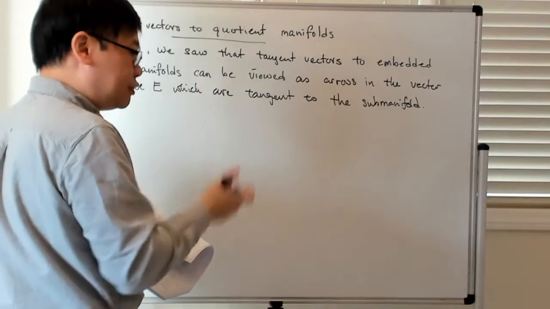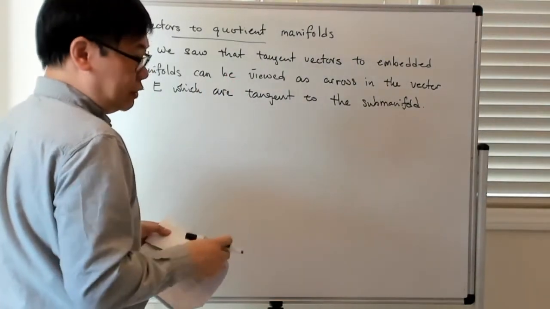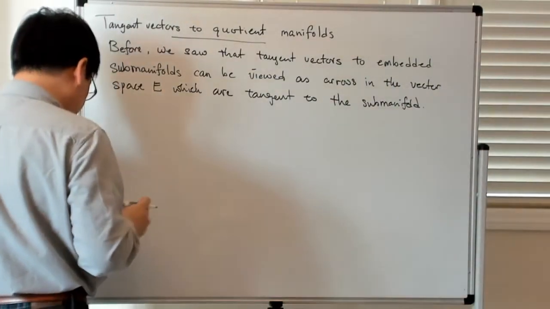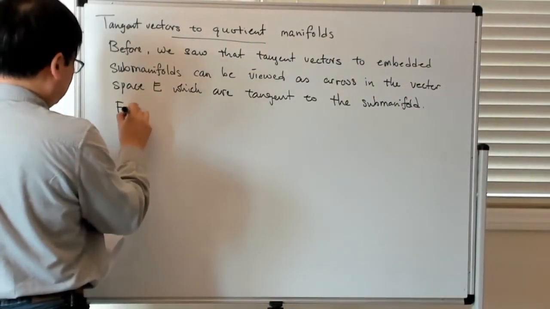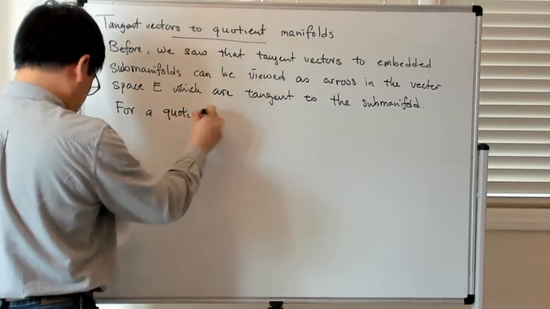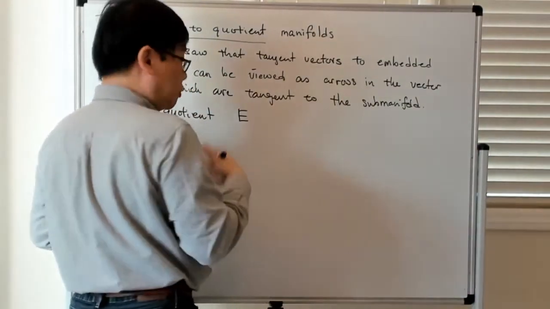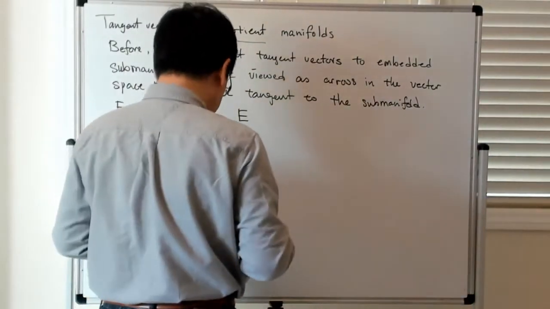But anyway, what we're interested in now is this idea of quotient manifolds, where you take an abstract manifold and you quotient it by some sort of equivalence relationship, and you want to ask whether you can do something similar. Okay, so for a quotient manifold, let's think of quotienting the embedding space.